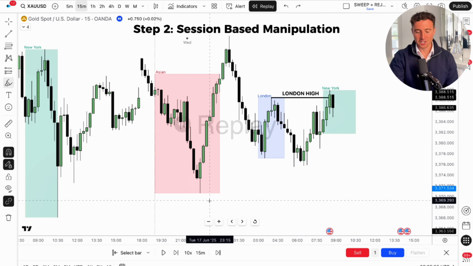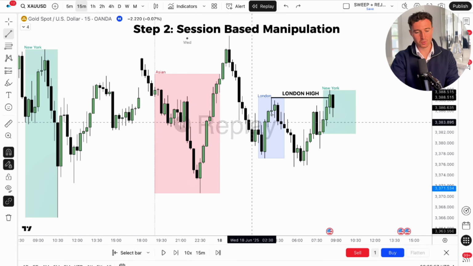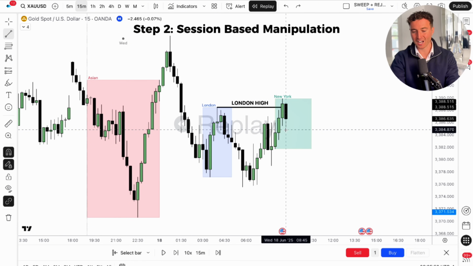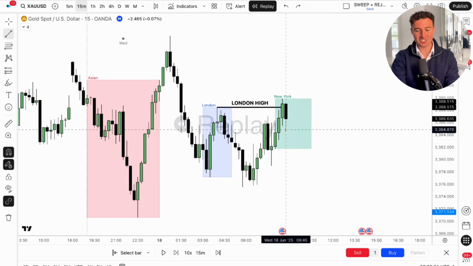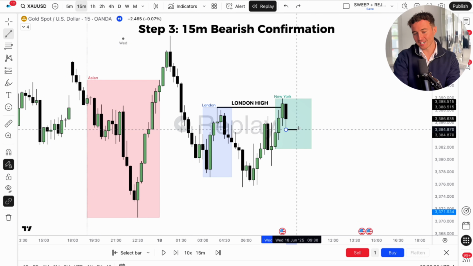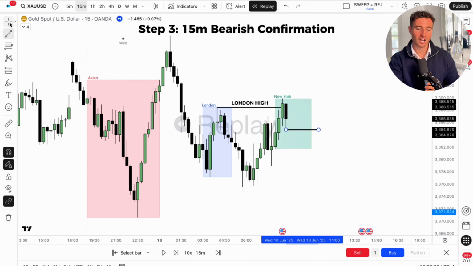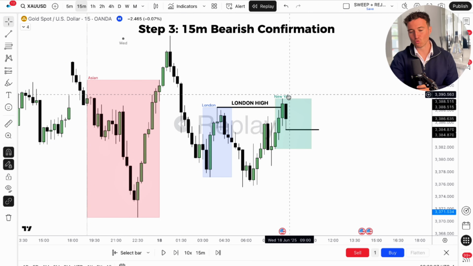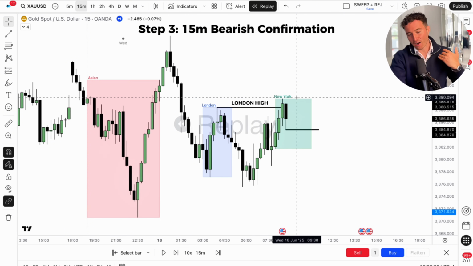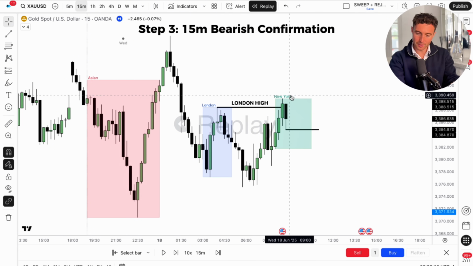So initially my sell stop was placed on the break of this candle low, right? Because this is step number 3. We've seen a bearish confirmation after we've seen a raid of buy-side liquidity, after we've seen a manipulation.